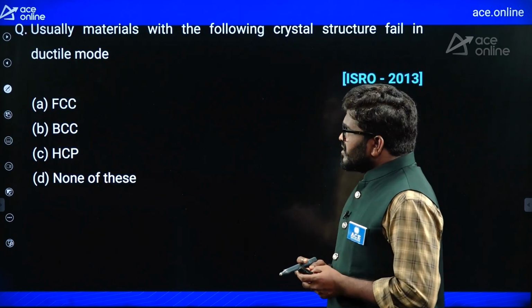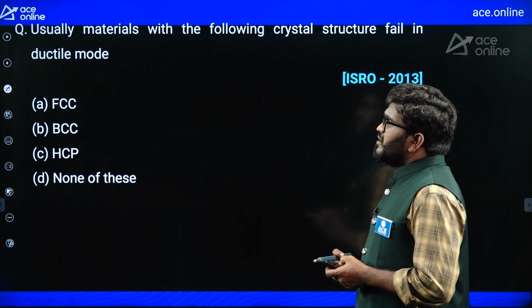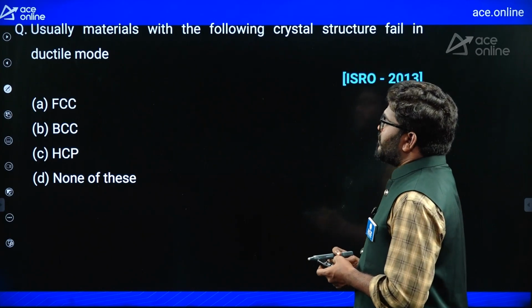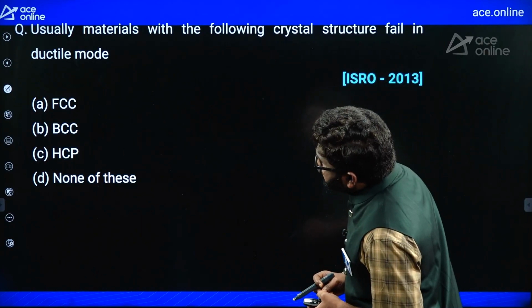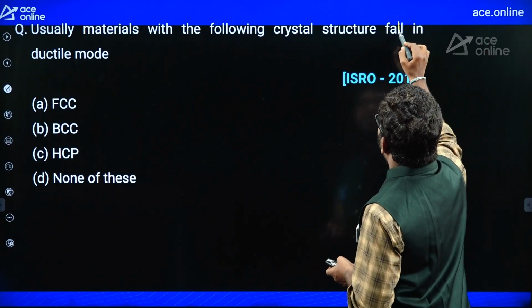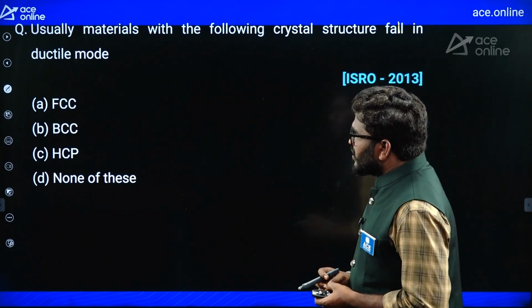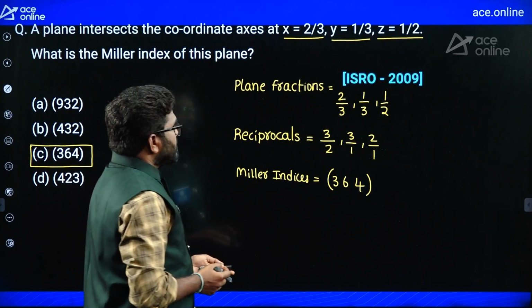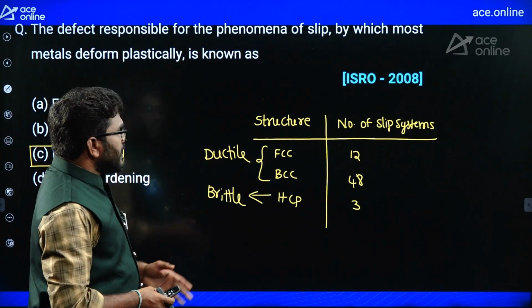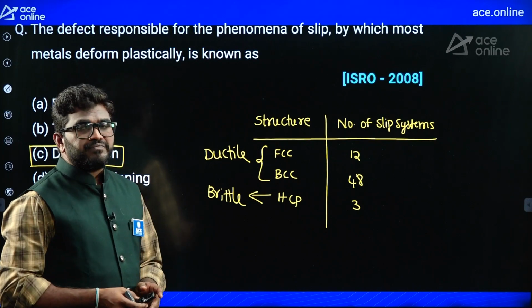Now, let us consider another question. Usually, materials with the following crystal structure fail in ductile mode. I already said to you, based on this table, you can say BCC, FCC metals are ductile, HCP materials are brittle.